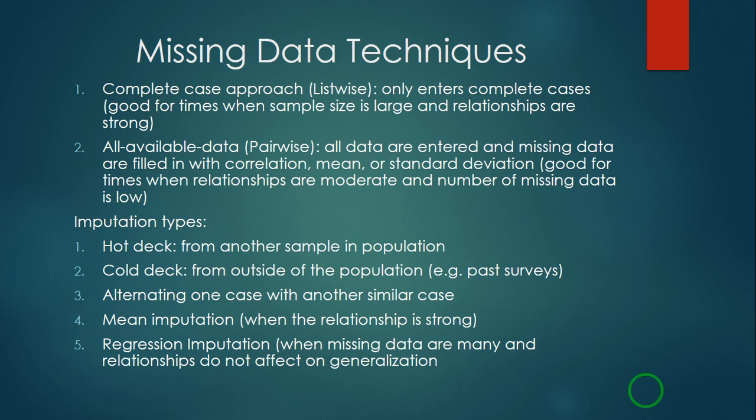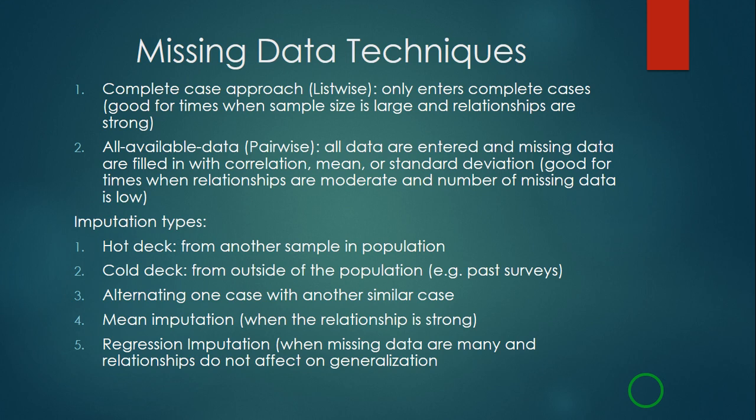The second method is all available data, or pairwise, in which all data are entered and missing data are filled in with correlation, mean, or standard deviation. It's good when the relationships are not that strong and the number of missing data is low.